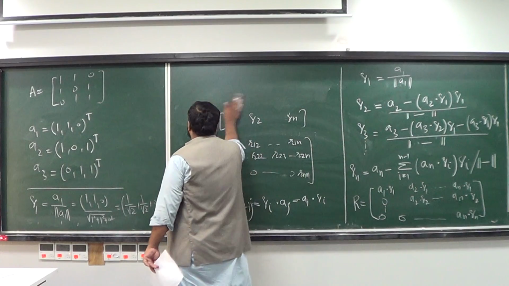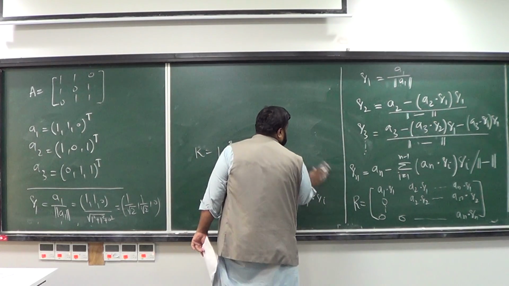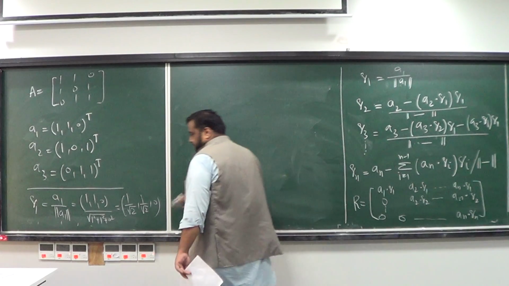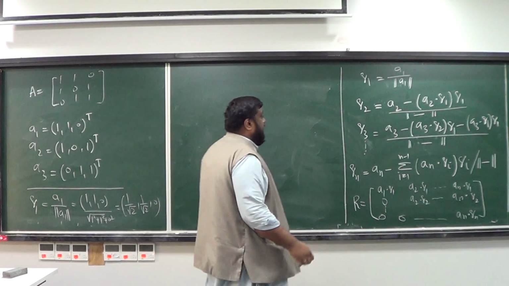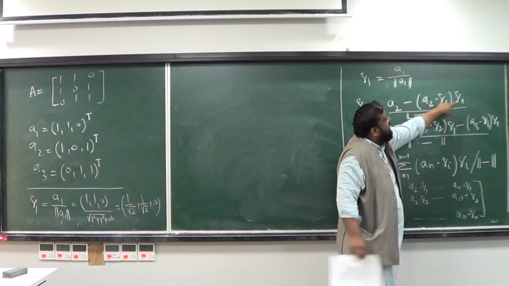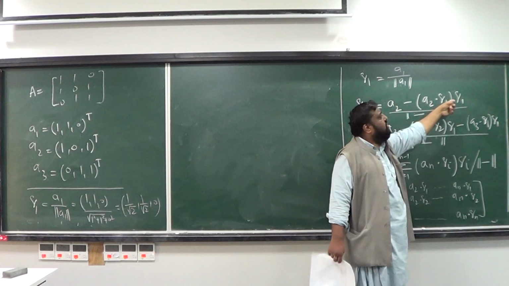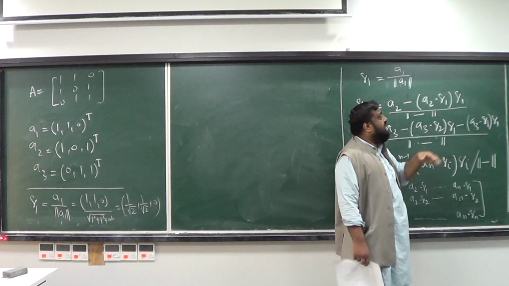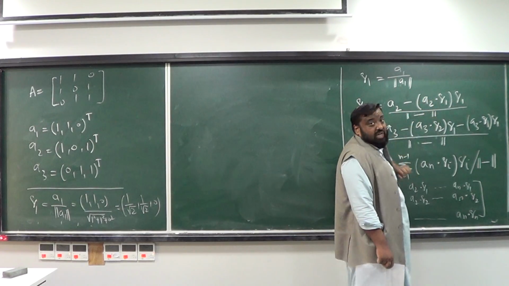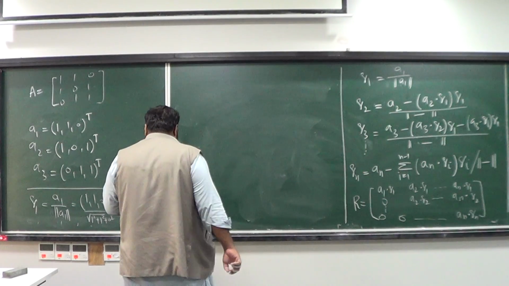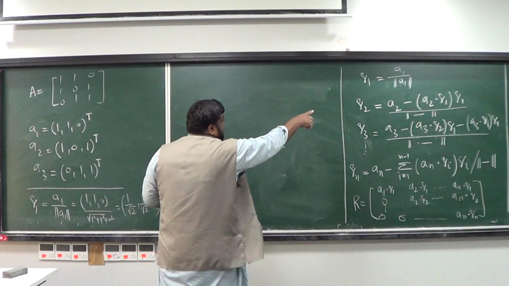Then what would be Q2? The formula is there. You just need to take these vectors. A2 you know from the matrix. You know Q1, you have just calculated it. Substitute them here and calculate the vector. So let's first calculate the numerator of this Q2.